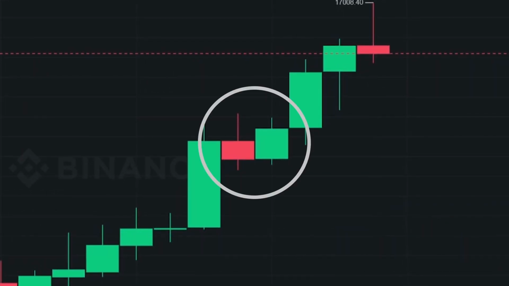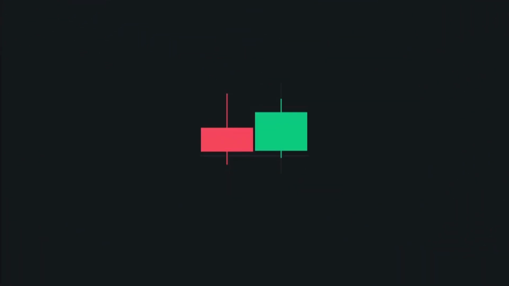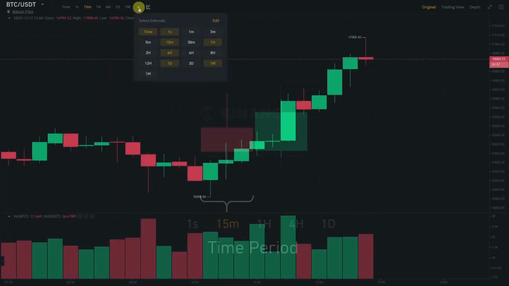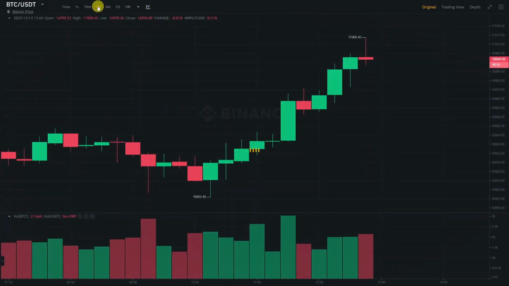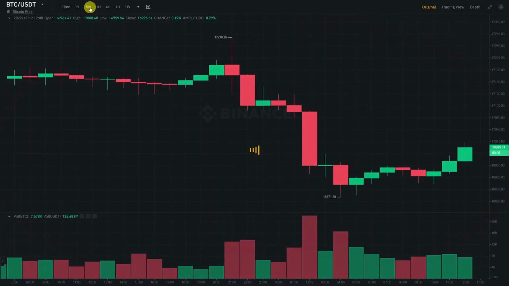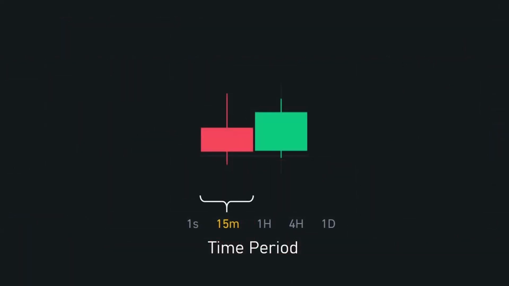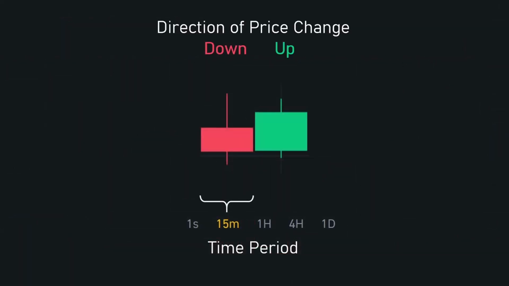A candlestick tells you 6 different things. Firstly, the time period that it represents. You can see it up here above the graph, and here you can choose different slices of time for your candles. The second piece of information is the direction of the net price change. Red is down, green is up, not rocket science.